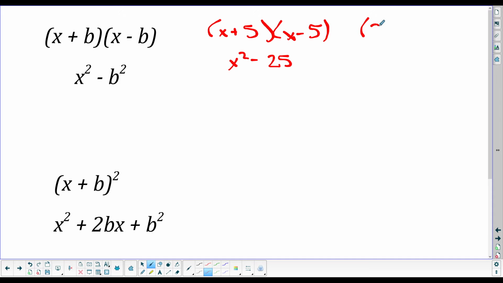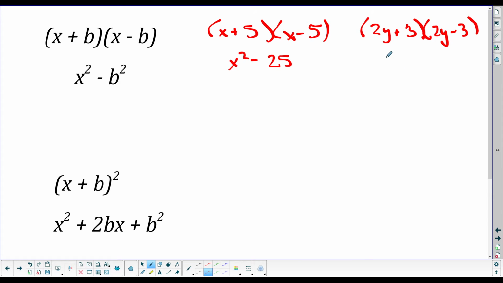Let's look at another example. If I had 2y plus 3 and 2y minus 3, again, those two binomials are exactly the same. One has a positive constant term, the other has a negative constant term. So when I multiply these together, those middle terms are going to cancel out.